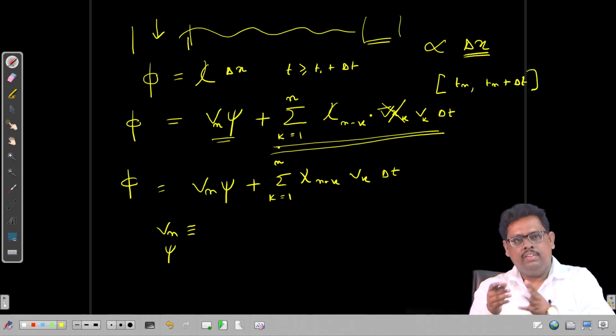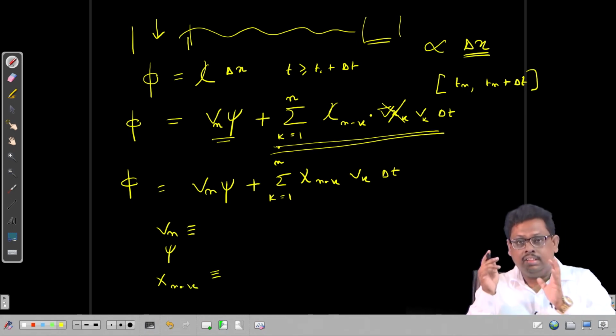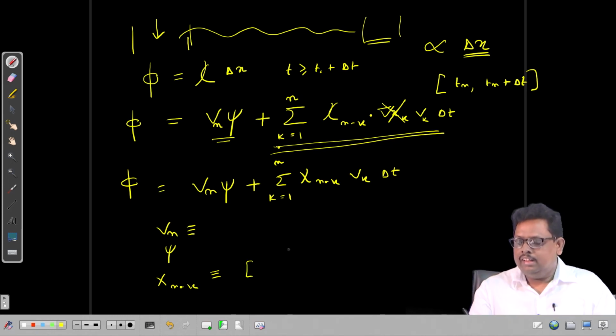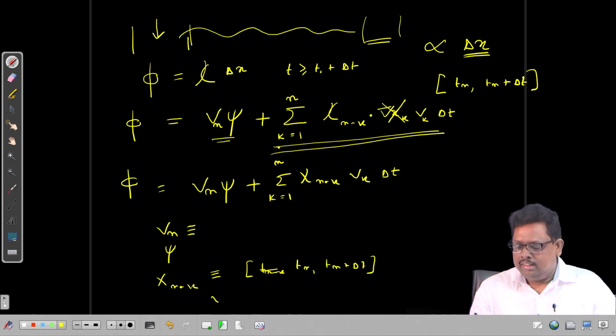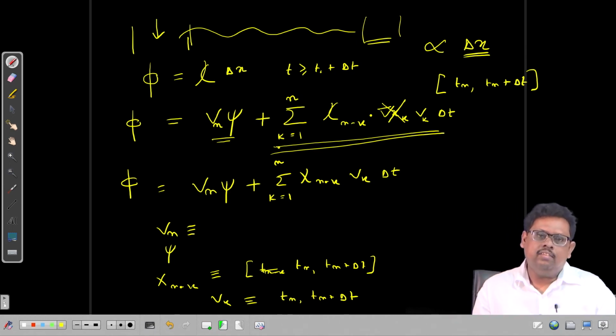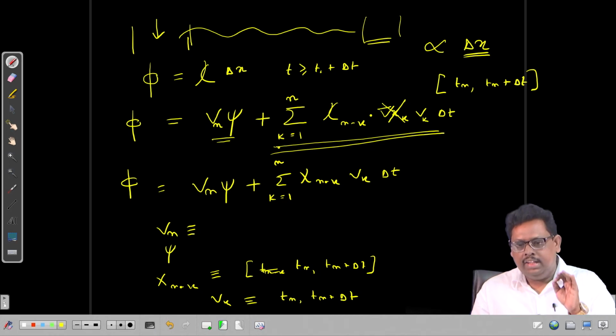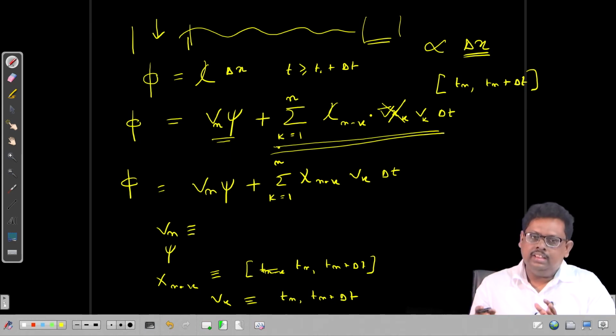Psi is the normalized velocity potential, and chi n minus k is the velocity potential for the time interval t n comma t n plus delta t, and V k is the velocity in the interval t n comma t n plus delta t. So, this is how I define the notation.